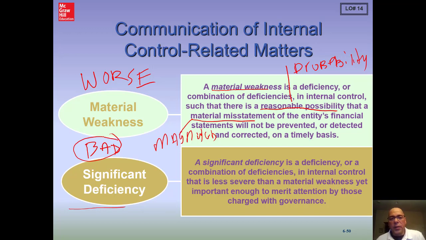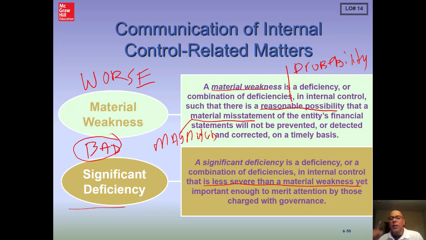If you notice, the definition of significant deficiency depends on your understanding of material weakness. I always like to tell my students that significant deficiency is like material weakness's little brother, right? If you understand what a material weakness is, significant deficiency is not quite as bad, but still under the auditing standards must be reported to management and those charged with governance.